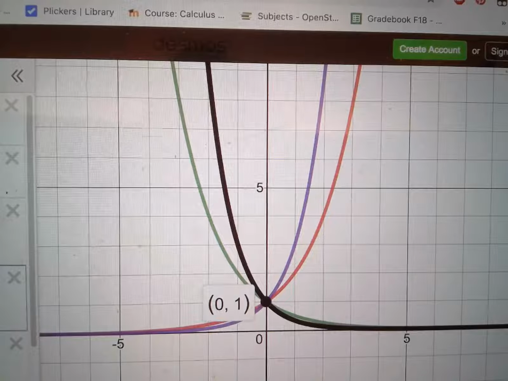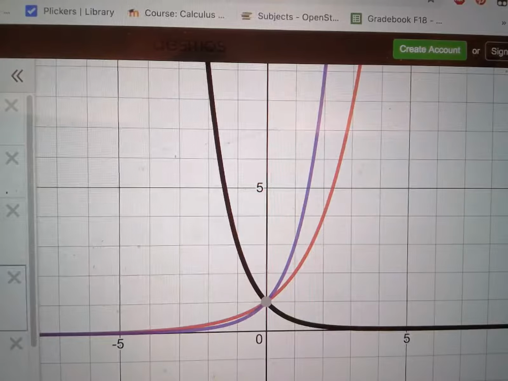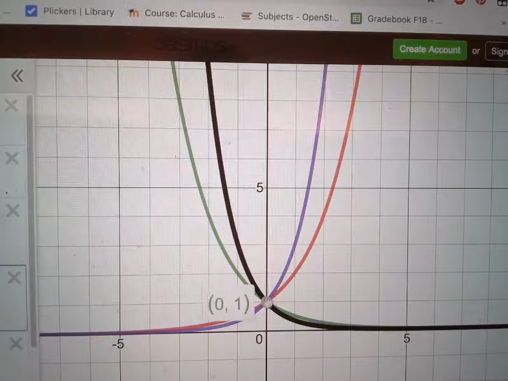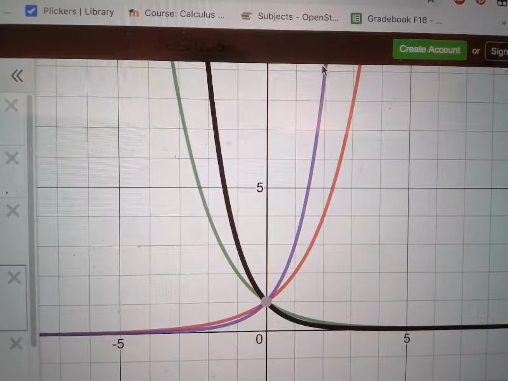I think I've already talked about how they behave, but if you notice, I have 2 to the x and 3 to the x. Their y values as x goes to positive infinity go to positive infinity, because they're way up here. And their y's approach 0 on the other side when I go to negative infinity.